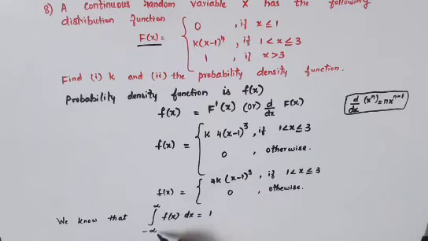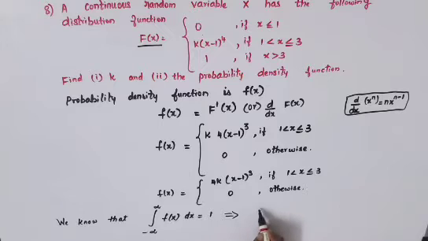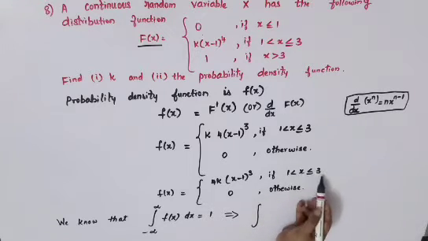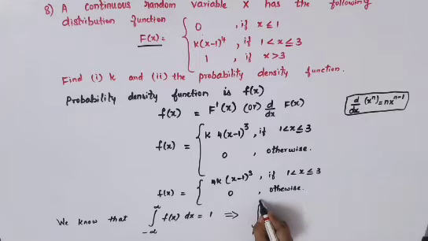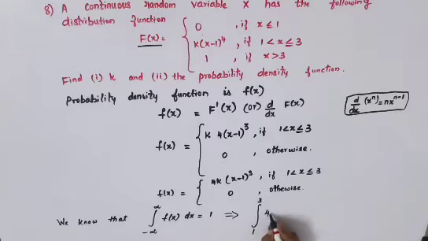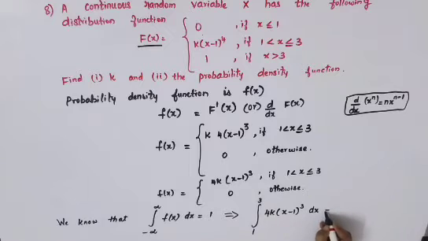So substitute in the integral from minus infinity to infinity of f of x dx equal to 1, and this implies the integral limit, otherwise the range, is 1 to 3. From 1 to 3, your f of x is this function: 4k into (x minus 1) the whole cube into dx, which is equal to 1. Now we'll have to go for your integration.